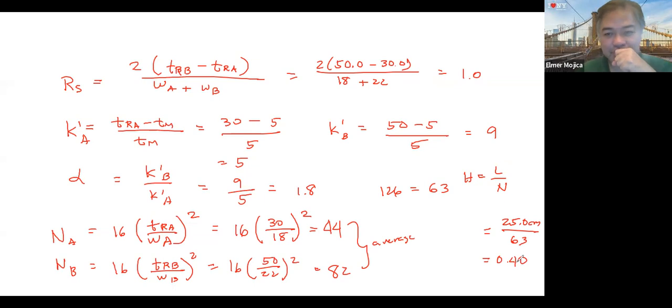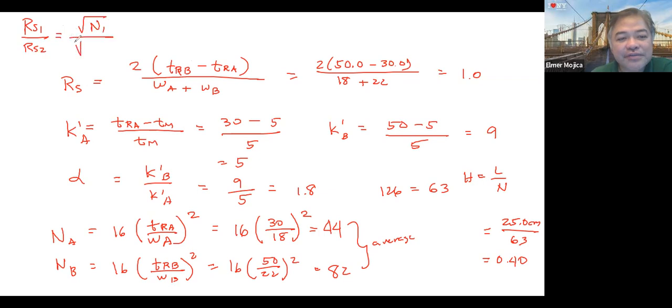So ano yung resolution ng present natin system? Because we are asked what will be the column length to give us a certain resolution. So the present resolution that we have is 1, right? So I can have a ratio and proportion here, Rs1 over Rs2, and then I put here the theoretical plate. So what do we have? 1 over 175, and then this one square root of 63 divided by square root of the one that we're looking for.